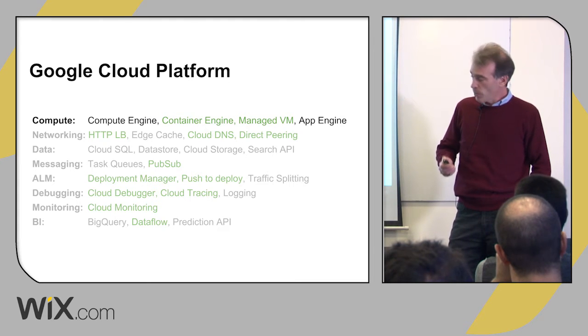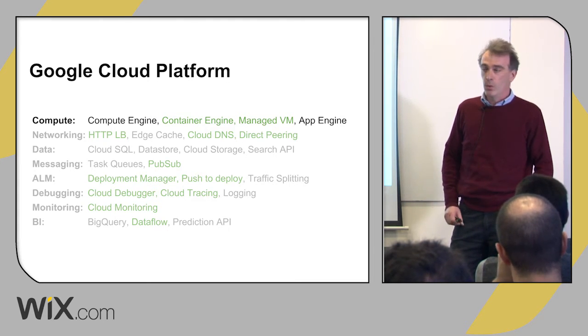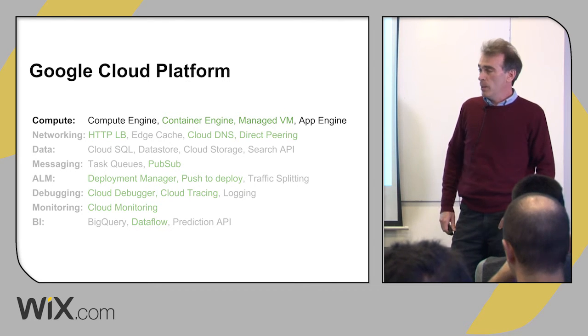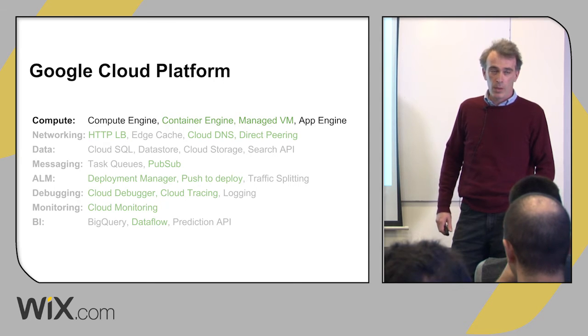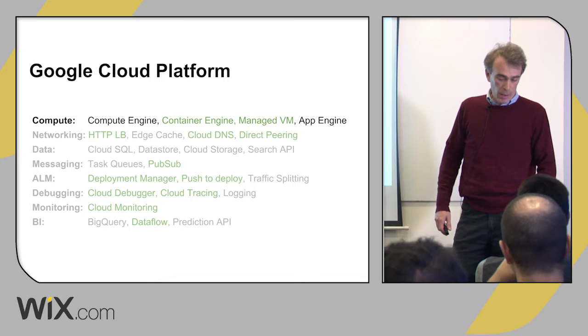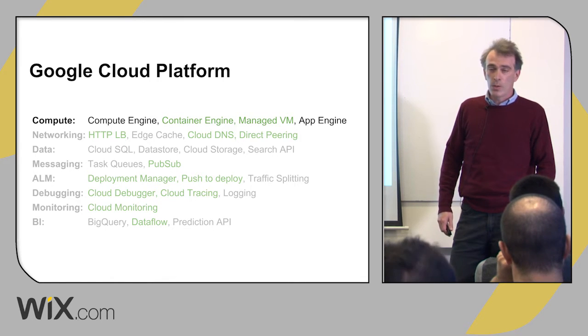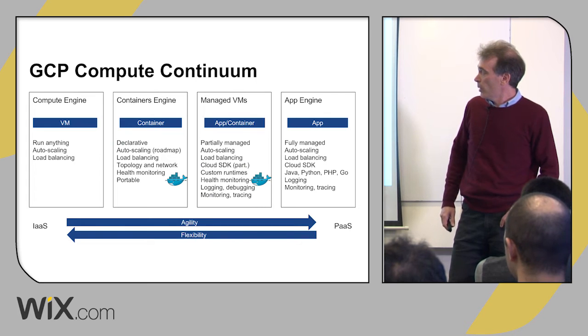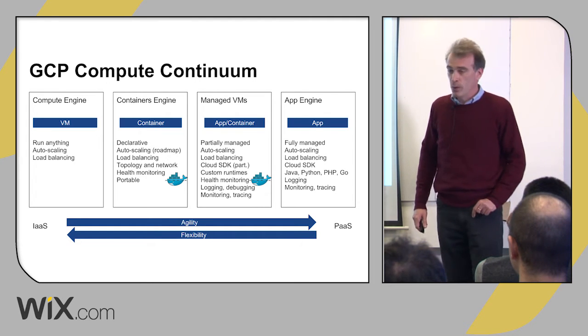Let's talk about compute. You probably know about App Engine, which was released about, I think, 5 years ago, maybe more. And Compute Engine is also known and commonly used.